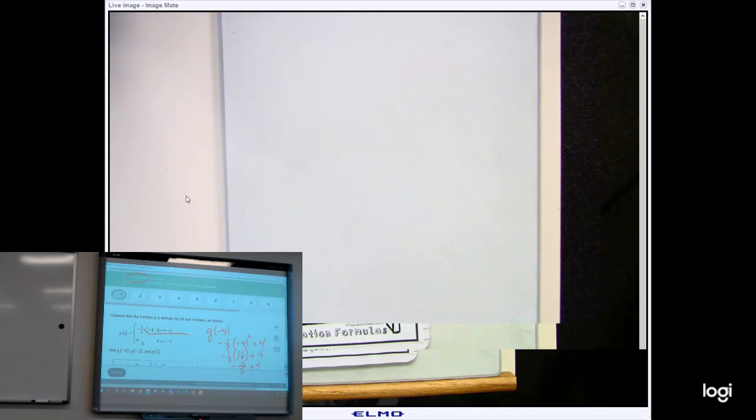Negative 16/3 plus 4, so what do I need to change this to have a denominator of 3? 12. Combine those and I got negative 4/3. Working with fractions was probably harder than figuring out our piecewise function, I bet.